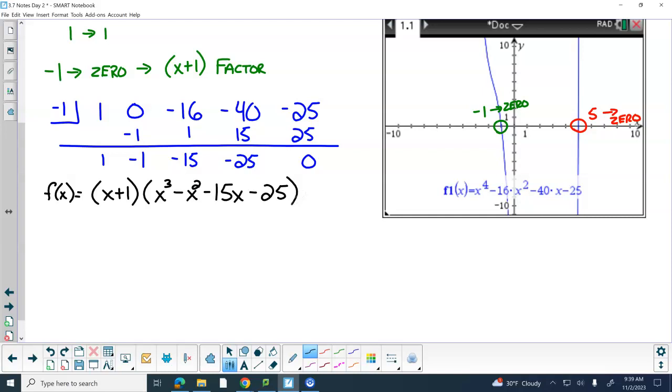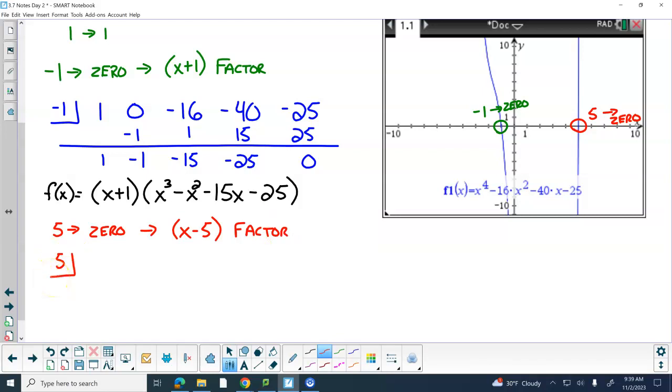Do the other 0, right? So 5 is a 0, which means what is the factor? X minus 5 is the factor. Okay? So I'm going to put 5 in.